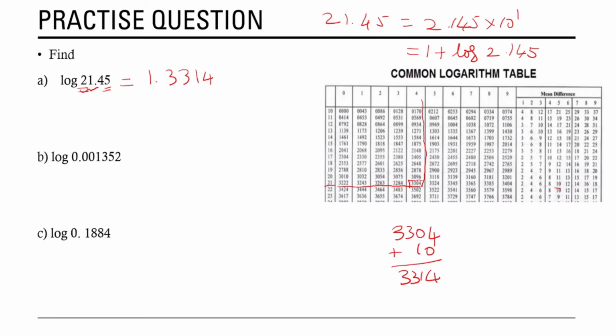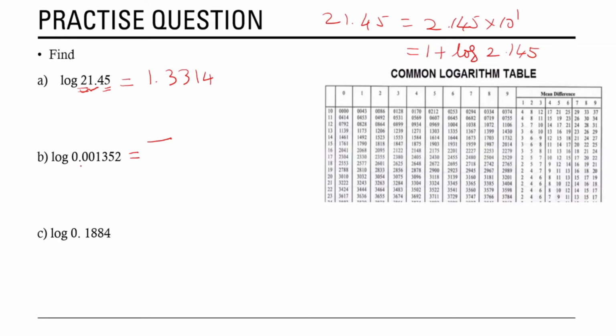The next one is part B. Find log of 0.001352. Here we can either write it in the standard form and then find the characteristic, or directly write the characteristic. The characteristic will come with a bar sign, and it is 1 plus the number of zeros after the decimal point.